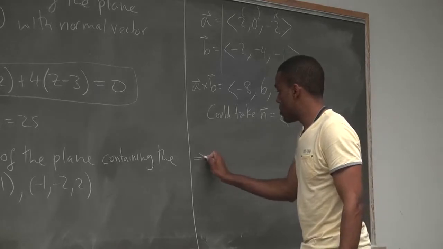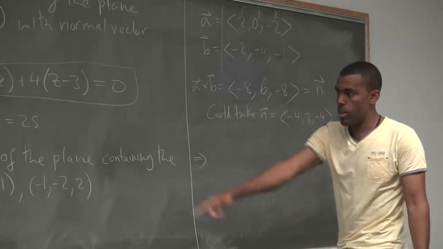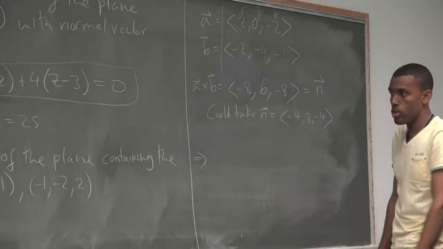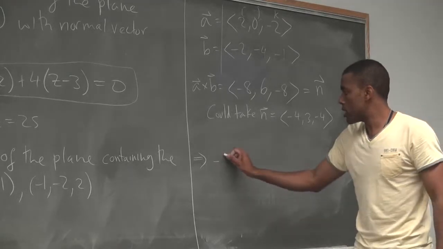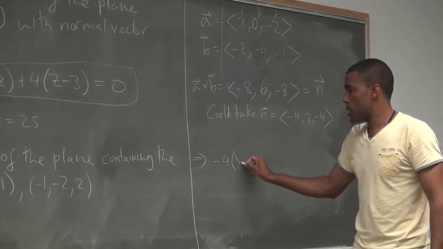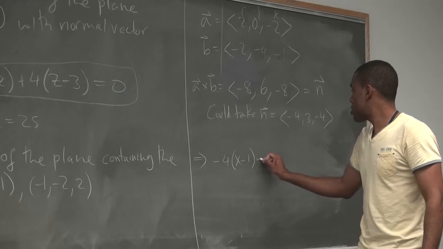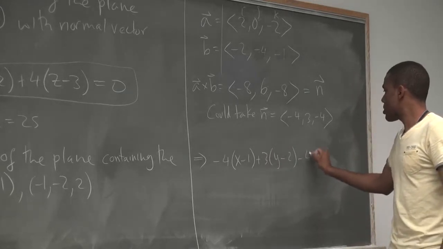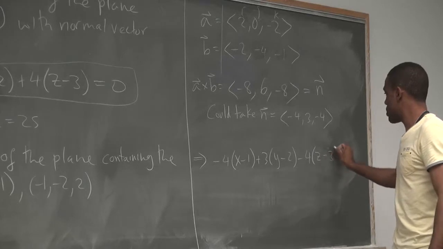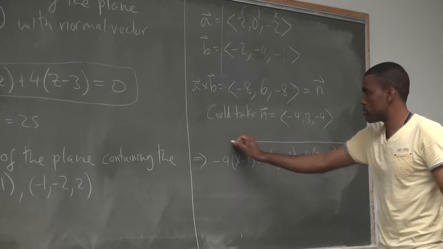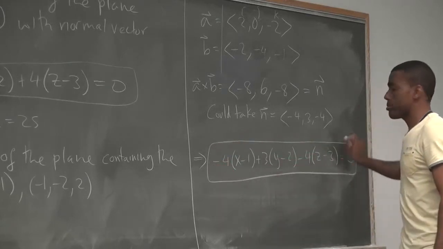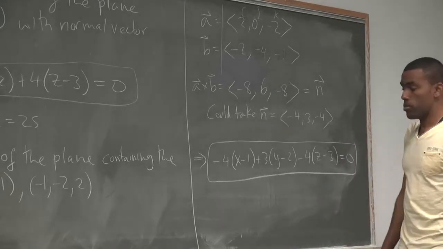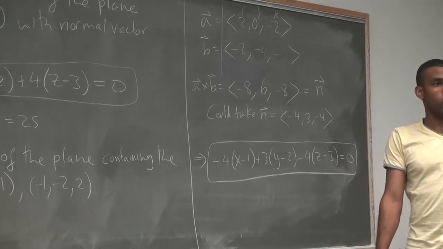So this implies the plane is, if I take 1, 2, 3 as the point, I can take any one of those as the point. Then I'd have minus 4 times x minus 1 plus 3 times y minus 2 minus 4 times z minus 3 equals 0. Questions?